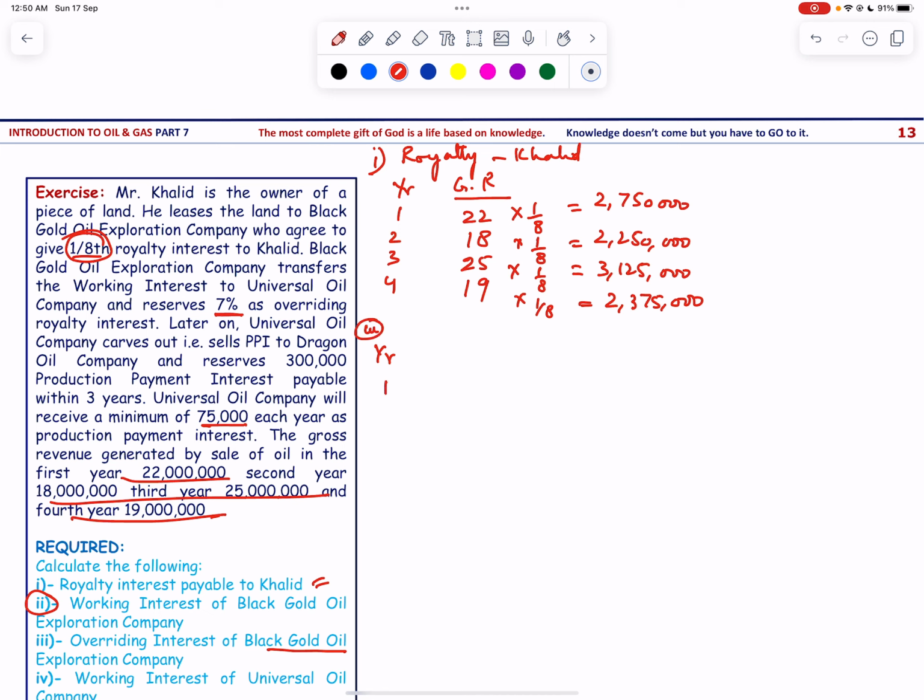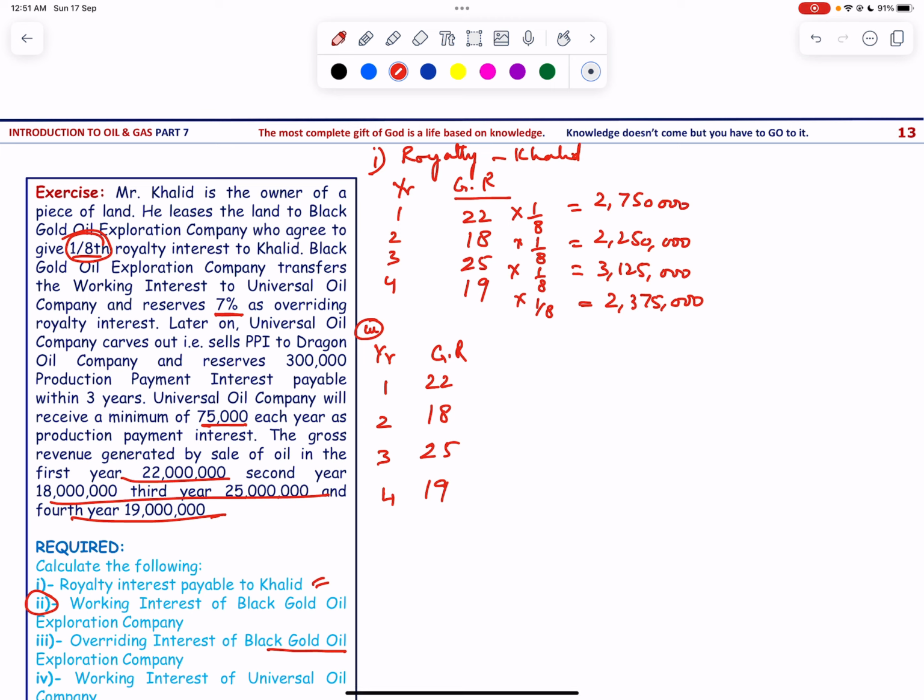Year 1, 2, 3 and 4, and the amounts are the gross revenue, 22 million, 18 million, 25 million and 19 million.